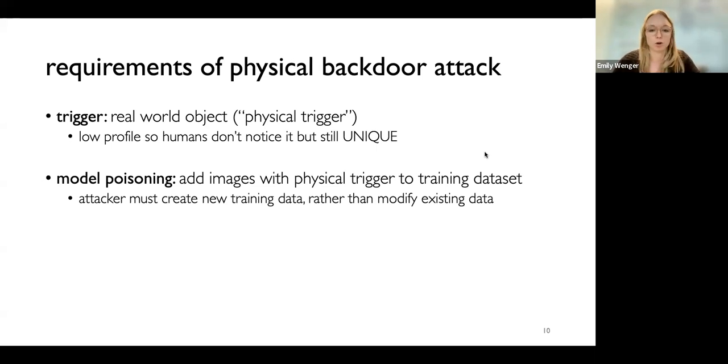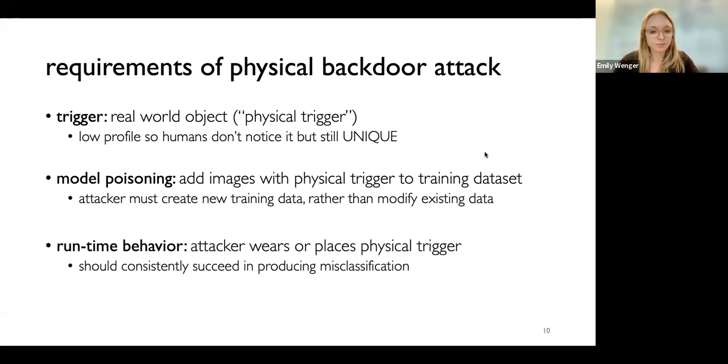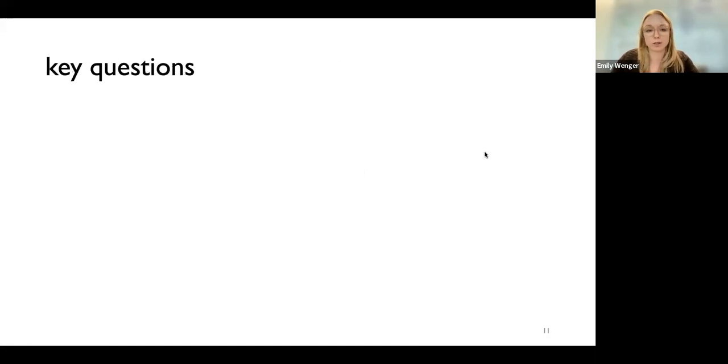And we'll talk a little bit more about whether or not that's unrealistic. But then runtime is easy, in contrast to prior work. You wear or place the physical trigger, and as long as you consistently misclassify to the target label, you're good to go. So those are the requirements of the physical backdoor attack.